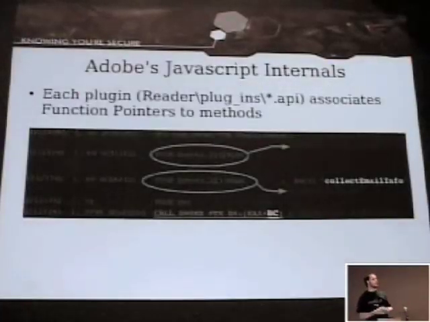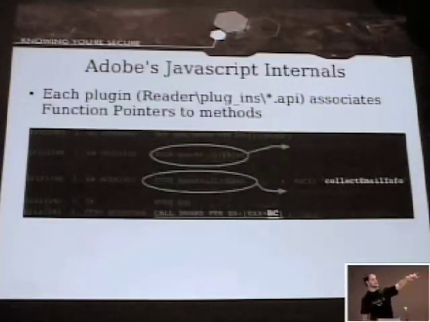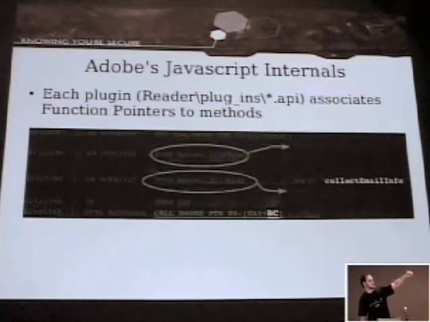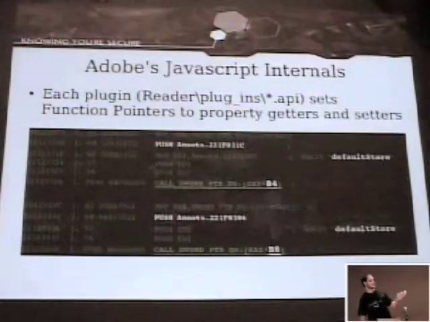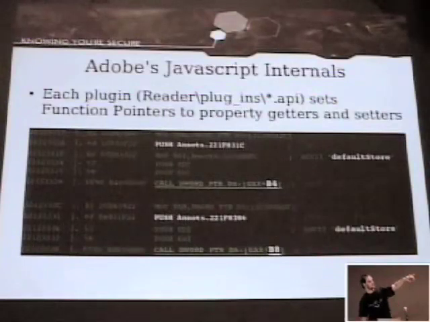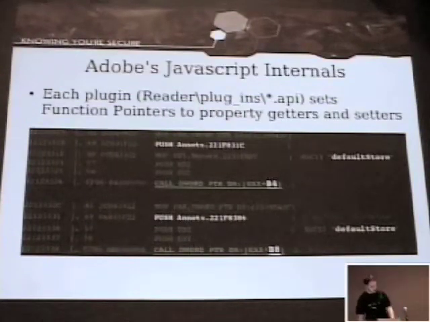Also, each plugin associates function pointers to each method. You have here the collectEmailInfo registering, which is pointing to an internal native function. It does the same for the property getters and setters. We have here the default store property, with the setter and the getter.